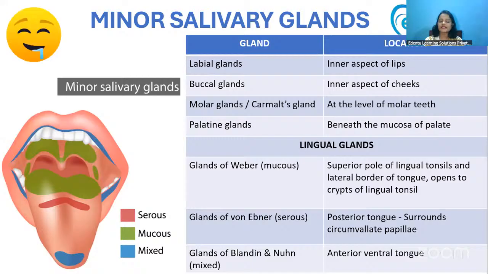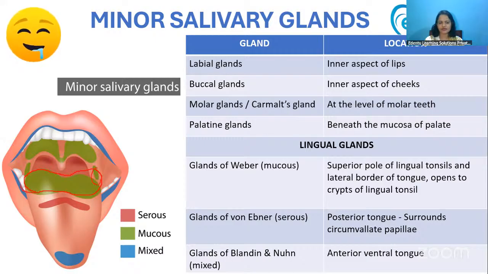These lingual glands are mainly of three types. One is the glands of Weber. The glands of Weber are usually present near the lingual tonsillar region and somewhat on the lateral border of the tongue, mainly in the lingual tonsillar region.